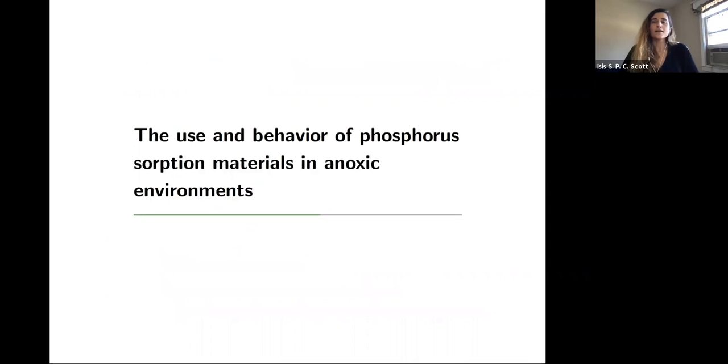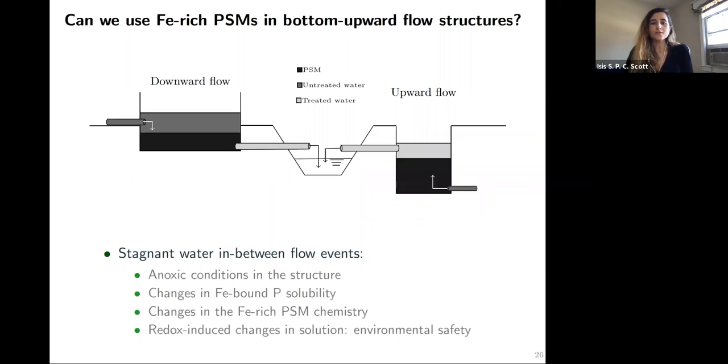So, okay, now we know a little bit more about aluminum and iron-based PSMs. But we still had one question regarding the use and behavior of iron-based PSMs in anoxic environments. And as I mentioned in the introduction, the idea for this research is because we wanted to be able to build structures with a bottom-up flow.